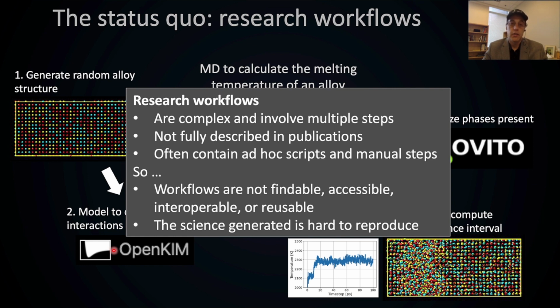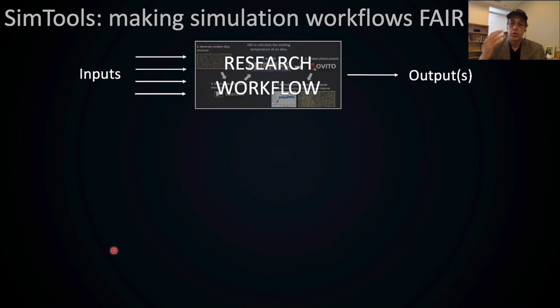So even in best case scenarios, when the authors are very careful in describing the steps in a publication, reproducing research results can take months, even by experts. So to address these issues, we designed SimTools with the goal of making simulation workflows FAIR.